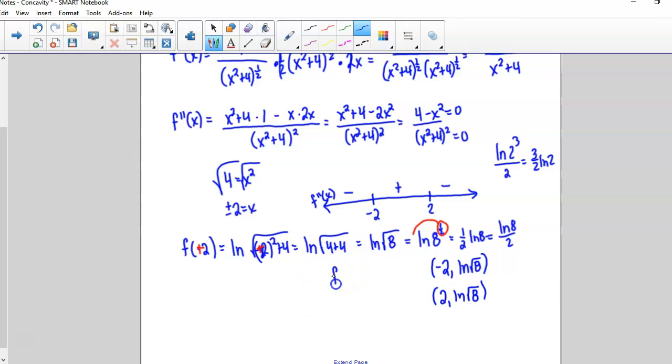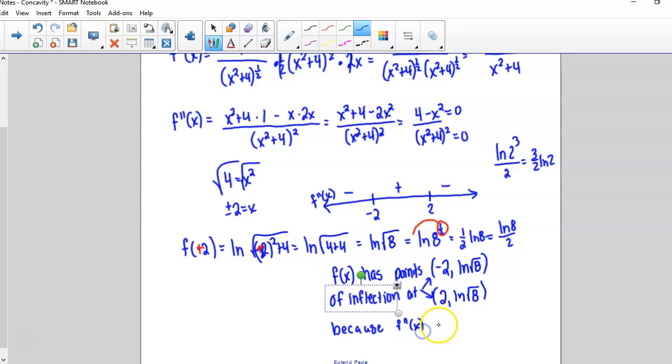And so we would say f of x has points of inflection at these 2 points because f double prime of x changes signs for its values.